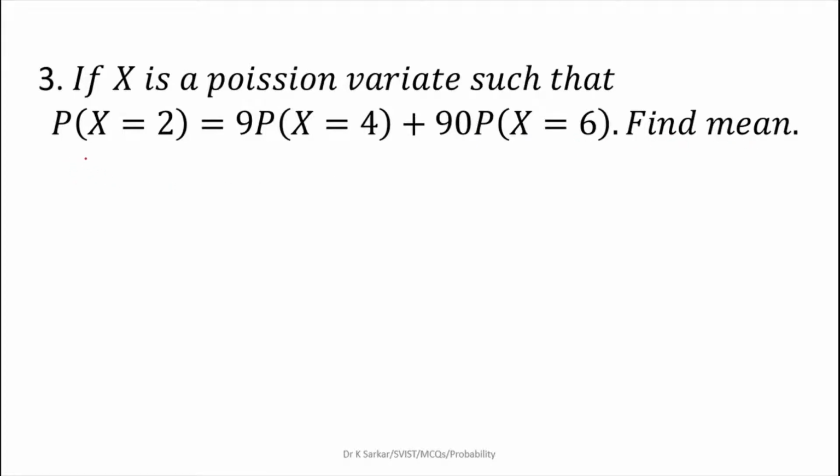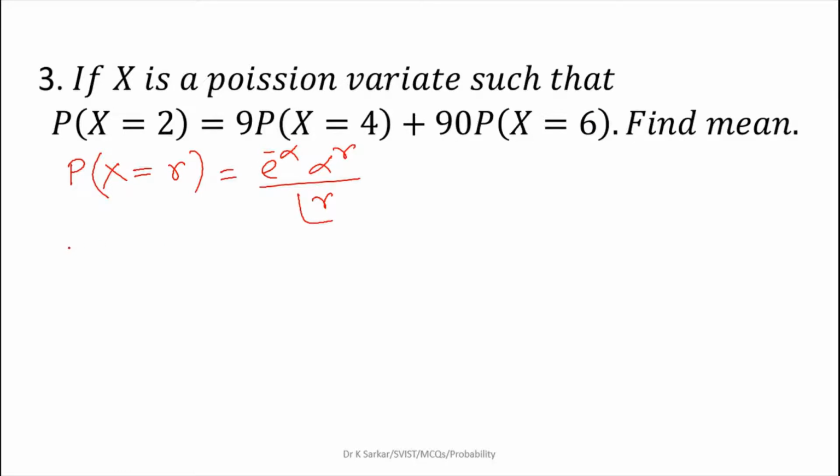We know the Poisson distribution is probability at x equals r is e to the power minus alpha, alpha to the power r by factorial r. Here r is 2, and in this case r is 4, in this case r is 6.